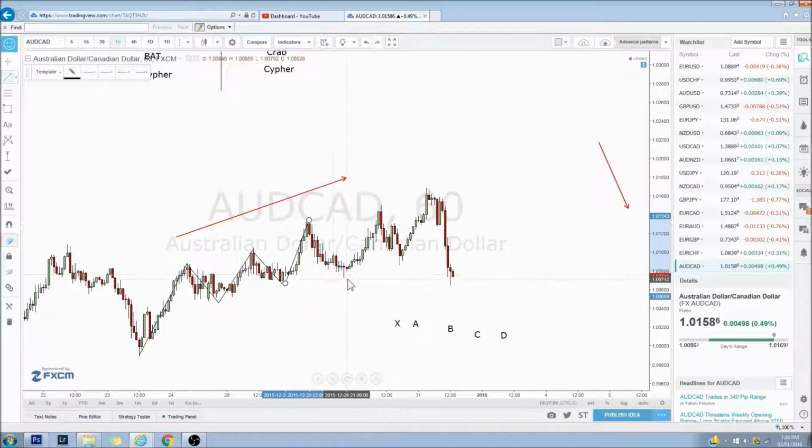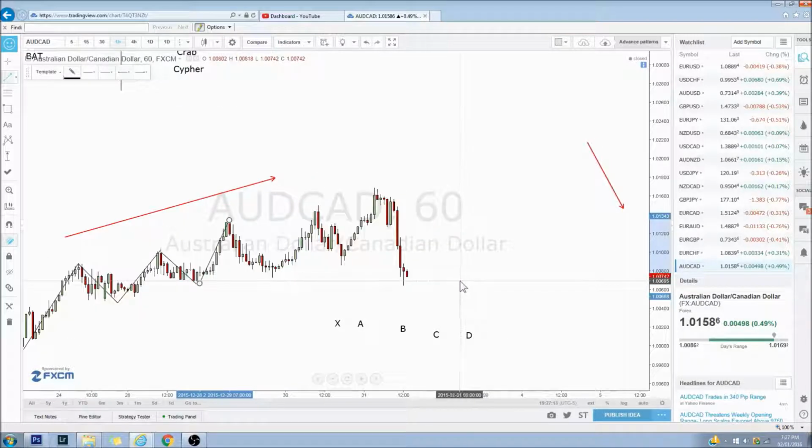Until we break the low point, such as here, I do not classify this yet as a break of structure to the downside. It is a break of structure to the downside, but it is not a downtrend. I would need this to come back up and this to come back down in order to say, okay, now the market has turned and we're in a downward trend.